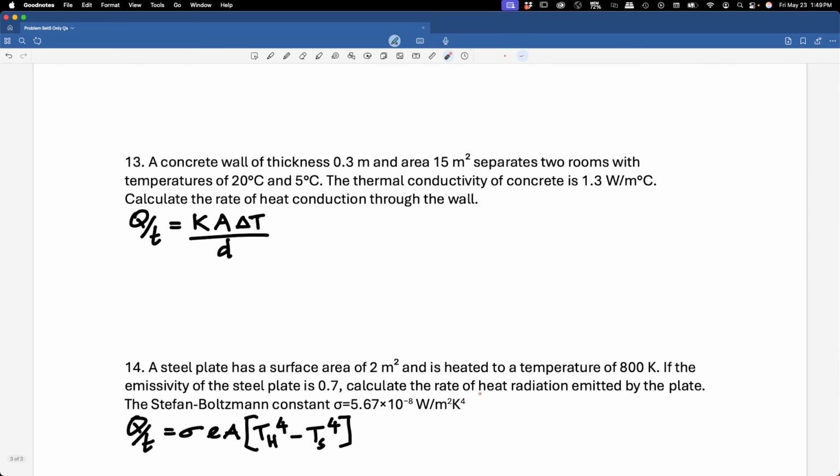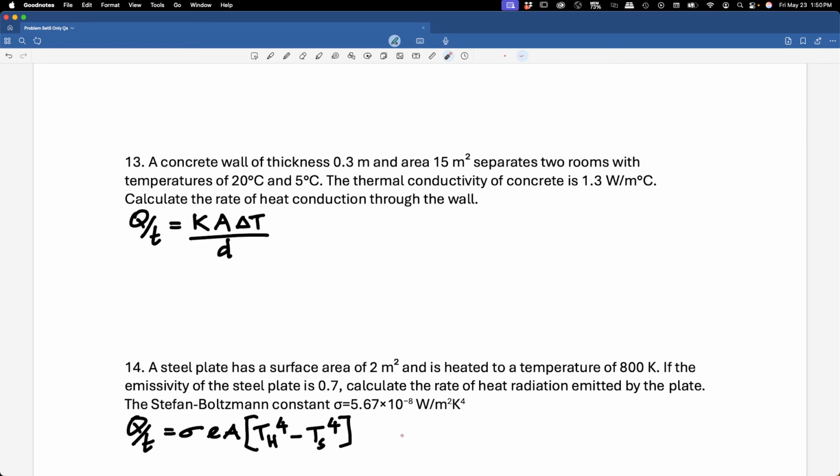14 brings us to radiation. Now, in this formula, you have to remember that T sub S is the temperature of the surrounding. If nothing is mentioned about the surrounding, you take it as 0 Kelvin. So in this case, you always have to have the temperature in Kelvin.